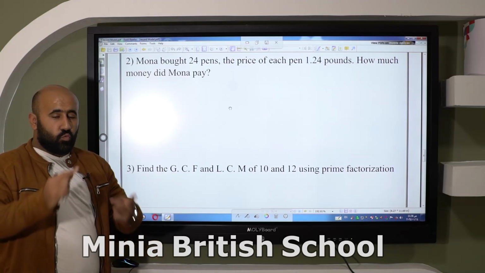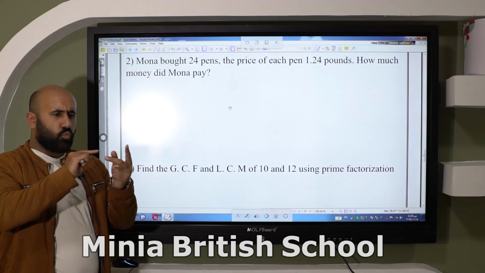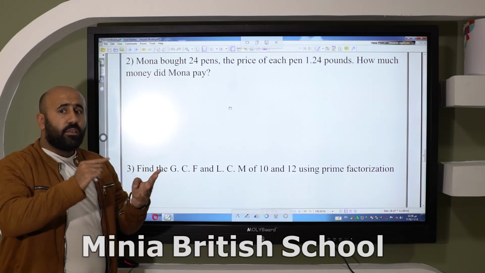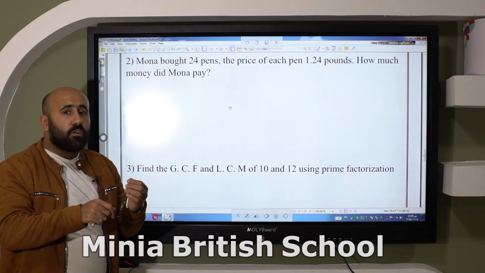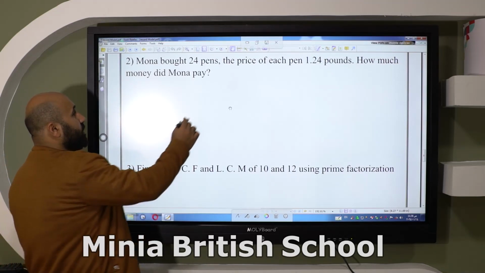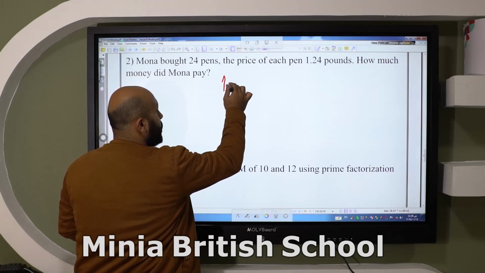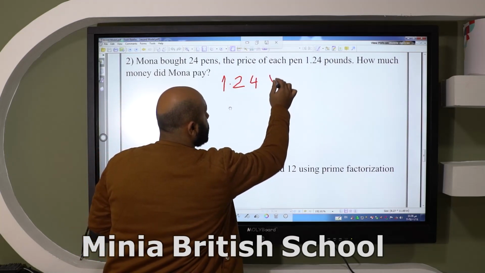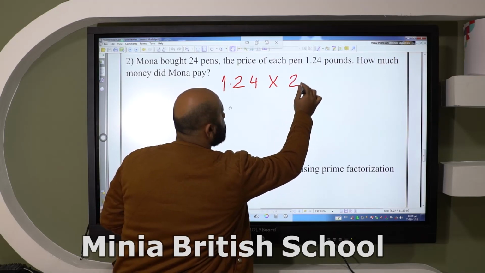So it means 1.24 plus 1.24 plus 1.24, I repeat them. So I will make it times. So it will be 1.24 times 24.